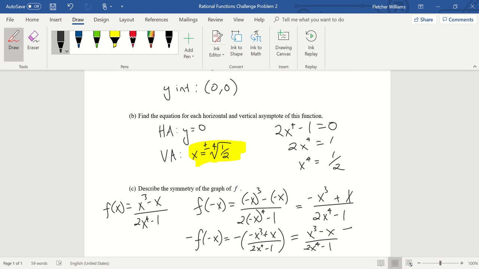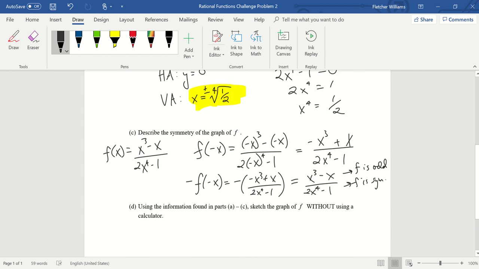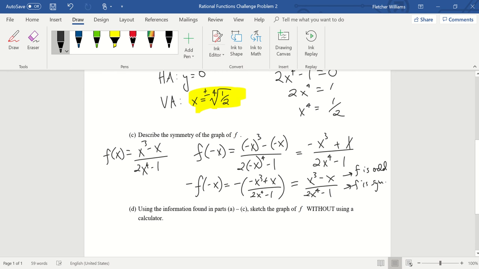So therefore, f is odd, which means f is symmetric about the origin. That's how we say it. So in other words, it's reflected across the y-axis and the x-axis to be odd.